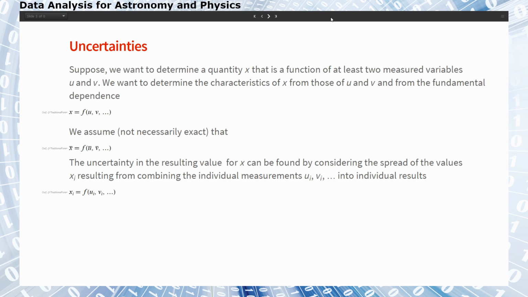The uncertainty in the resulting values for x can be found by considering the spread of the values of xi resulting from combining the individual measurements ui, vi into individual results, so for computing x from a sample of measured u and v values.